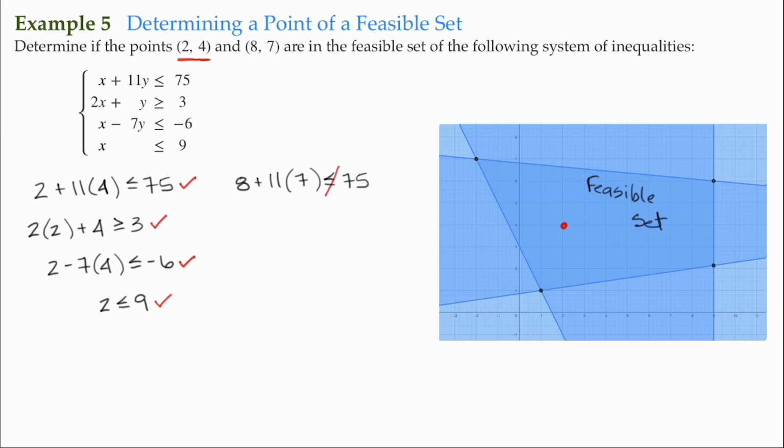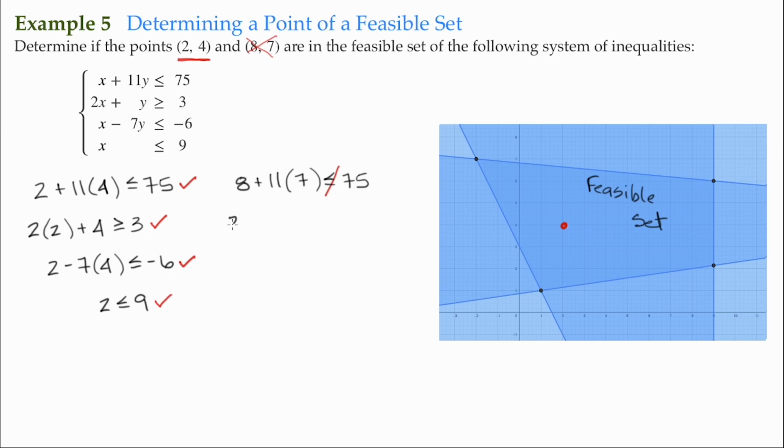So actually, there's no reason to go any further because this point has to satisfy every inequality. And already right off the start, it doesn't satisfy the first one. So we already know that (8, 7) does not satisfy this system of inequalities. But for the sake of exercise, we're going to check the other three inequalities here.